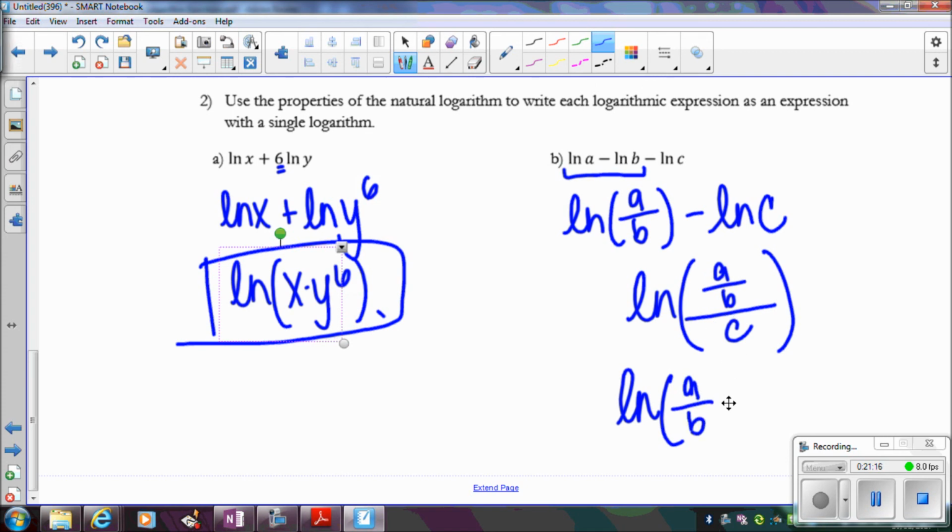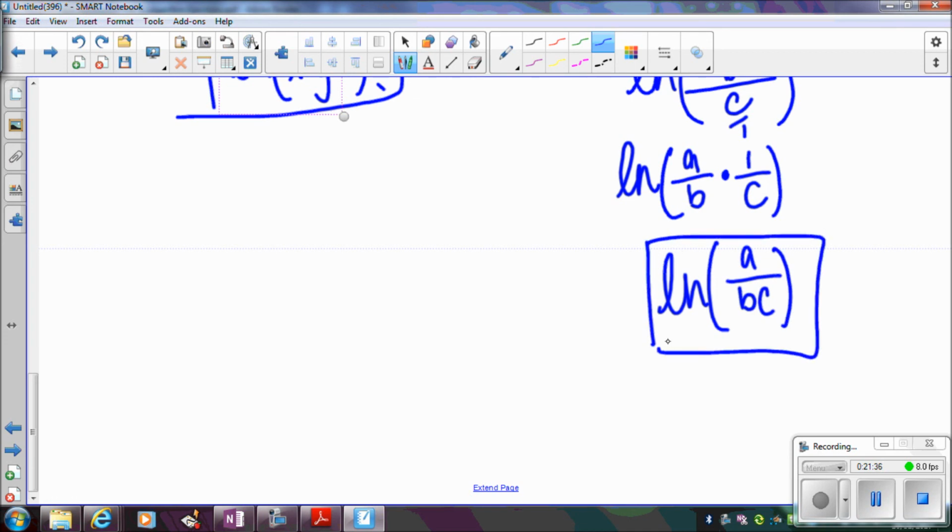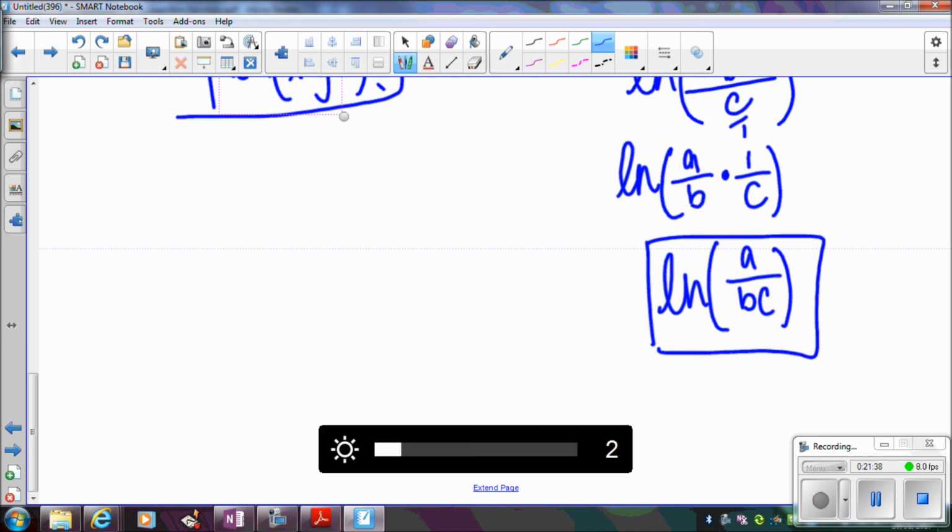You change the sign to multiplication and flip the bottom. So instead of C over 1, it's going to be 1 over C. So really this ends up being ln of A over B times 1 over C. So that's it. And remember, for these, you just go left to right and use those rules to simplify.